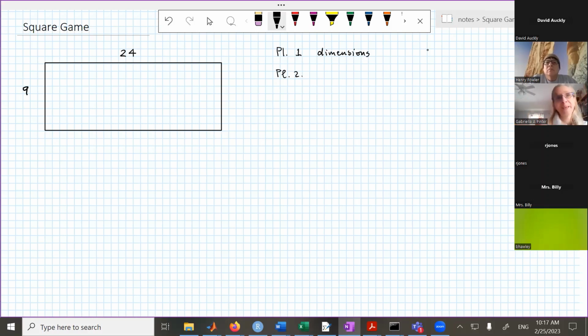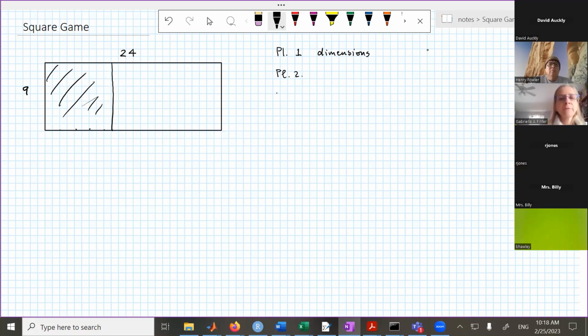So if you are player 2, you draw in a square which has dimensions 9 by 9, right? So I'm doing this. So you draw this square.